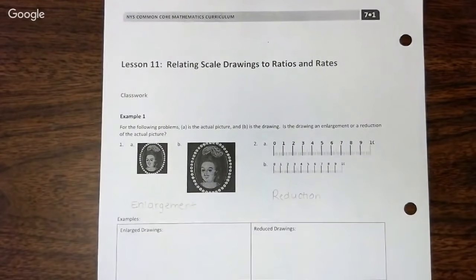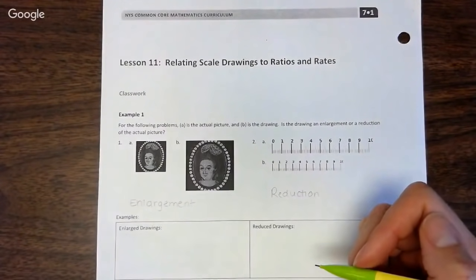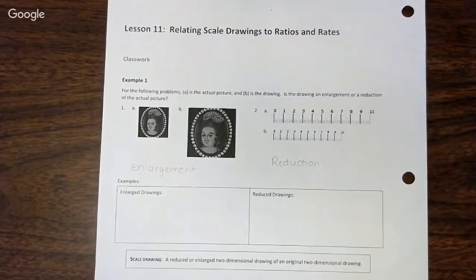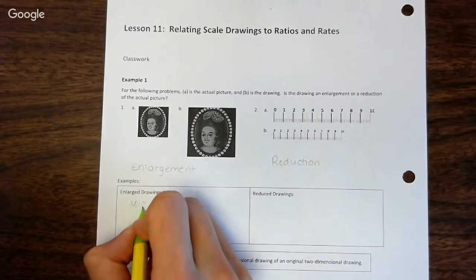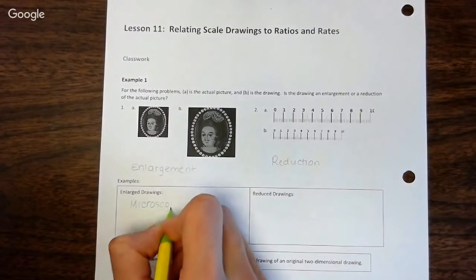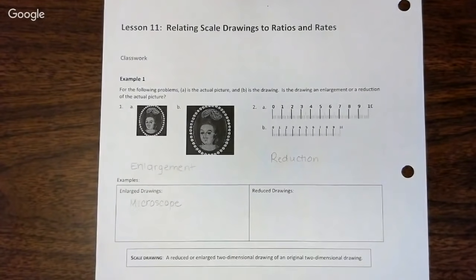So let's think about some examples of where you would see enlarged drawings or reduced drawings. Think about science class. When you're looking at something in the microscope, you're going to see that image larger than it actually is. So anything you look at through a microscope would be enlarged, and a lot of times you draw what you're seeing so that you can study that.